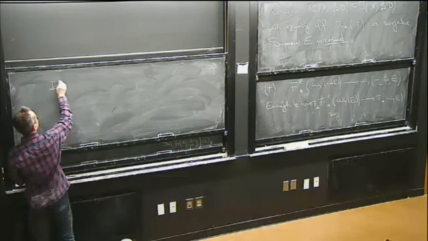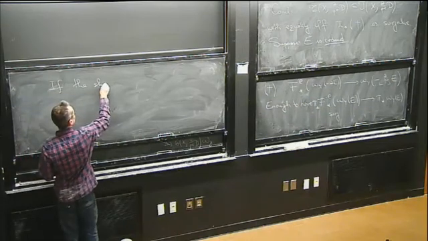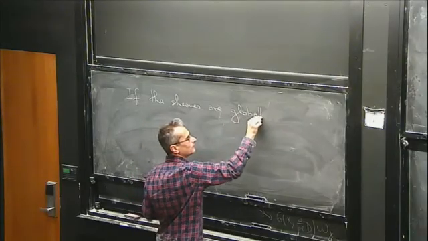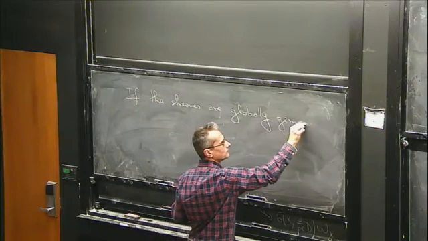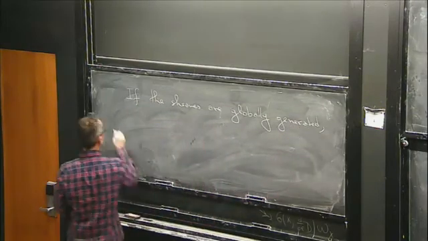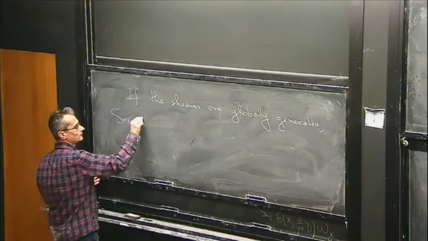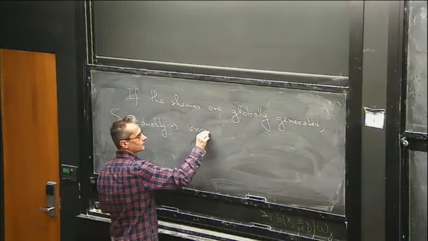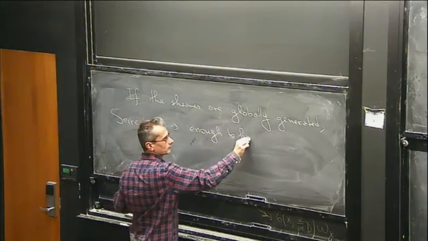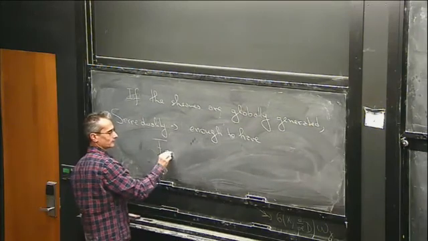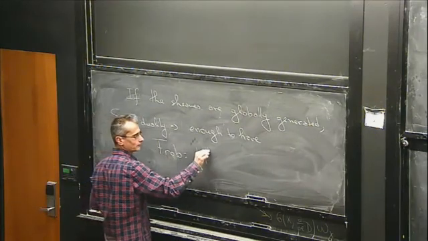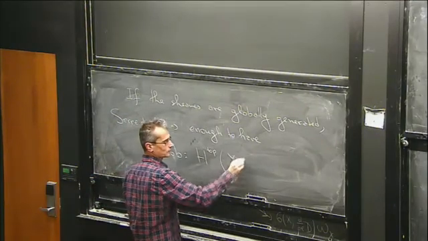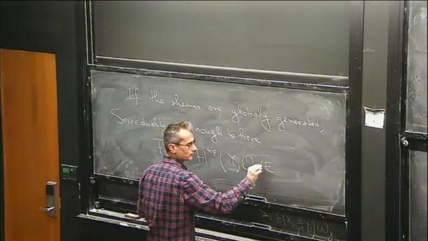So if the sheaves are globally generated, Serre duality implies that it's enough to have that the action of the Frobenius on H top of O_Y of minus E is surjective.